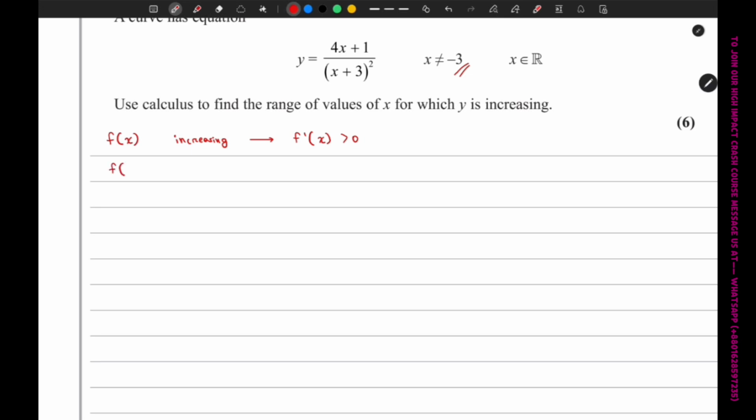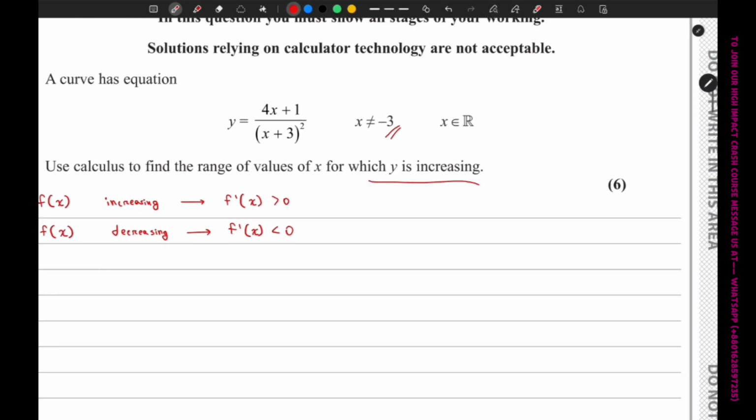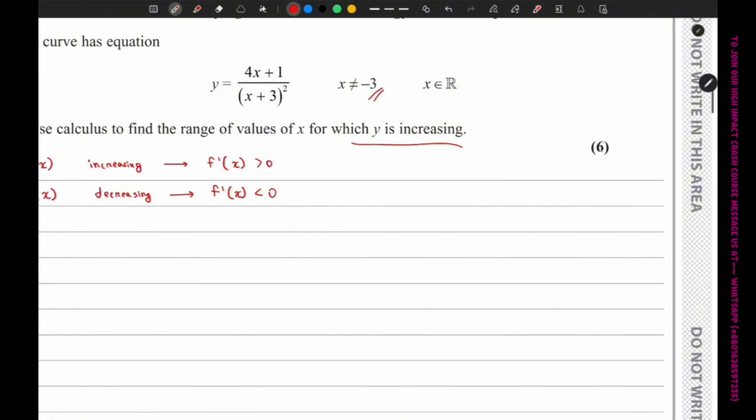And if f(x) is decreasing, the value of f'(x) will be less than 0. So in this case, this is increasing, which means f'(x) will be greater than 0. Since this is in the y format, this will be dy/dx greater than 0.